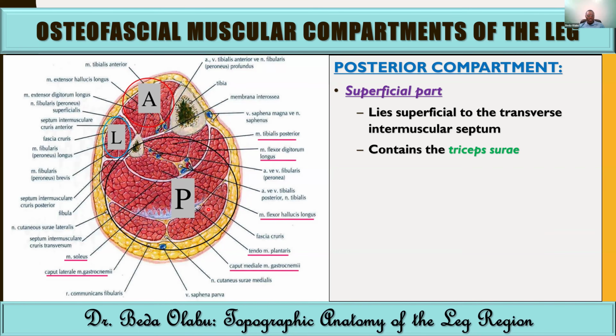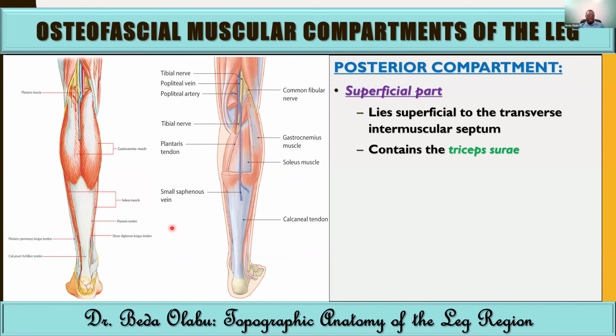And we have the gastrocnemius, two bellies here, the lateral belly and the medial belly of gastrocnemius. Plantaris is also a muscle that is inconsistent, and it's also usually found in the superficial compartment as well. So the triceps all insert through this common tendon here, which we call Achilles tendon or calcaneal tendon, to the calcaneal tuberosity.